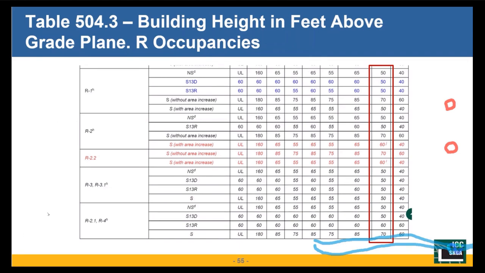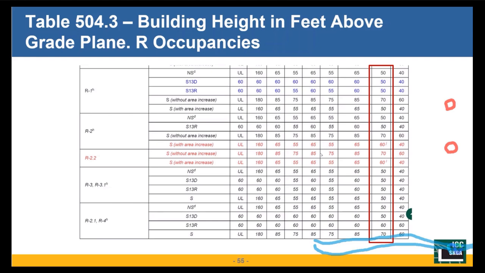The next slide is a continuation of the table because the table is too large. Basically we're looking at type 5B.